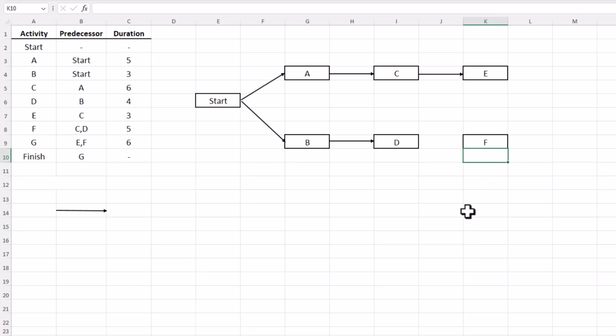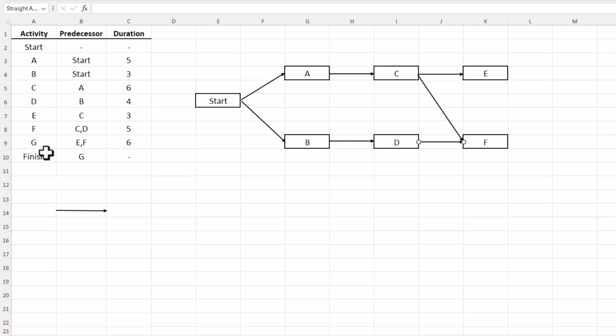Now I need two arrows, one going from C to F, and a second one going from D to F. So we can see that F follows C and D, or the predecessors of F are C and D.